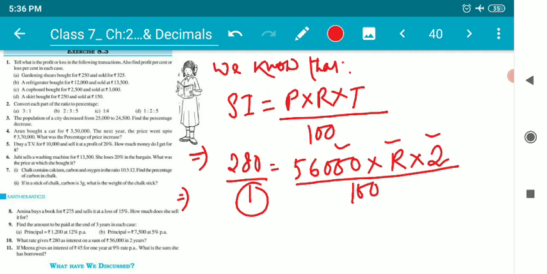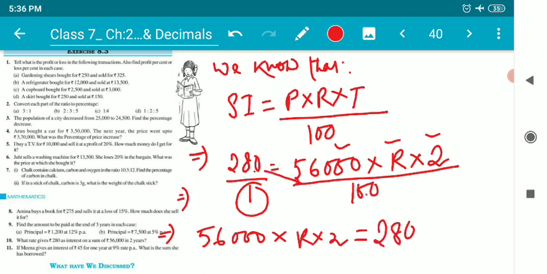So it will result in 56,000 into R into 2 is equal to the cross multiplication of 280 into 100, which will be 28,000.